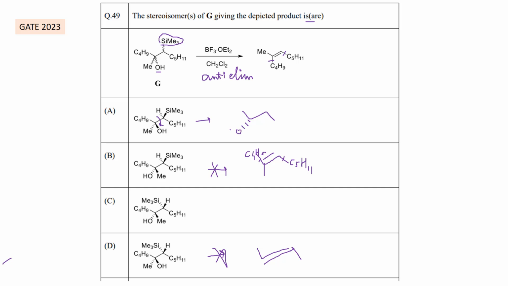So OH comes here, ethyl goes here, C4H9 comes here. See, in this case the silicon and the OH are opposite to each other, so it undergoes elimination. So this will be our product.